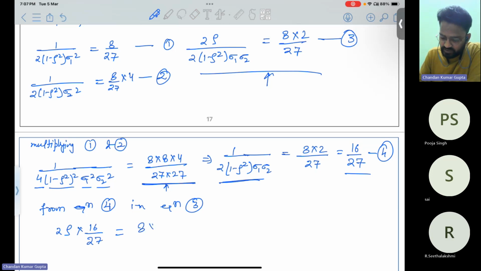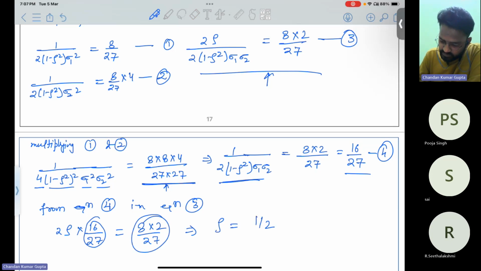And this is equal to 8 into 2 upon 27. From here this cancels out, so rho equals 1 by 2.